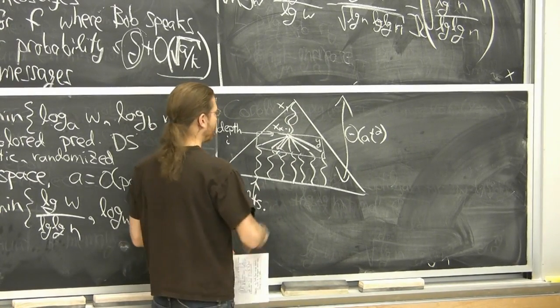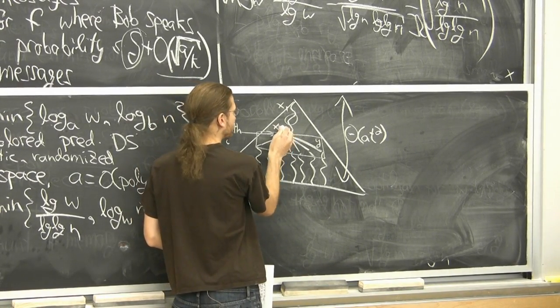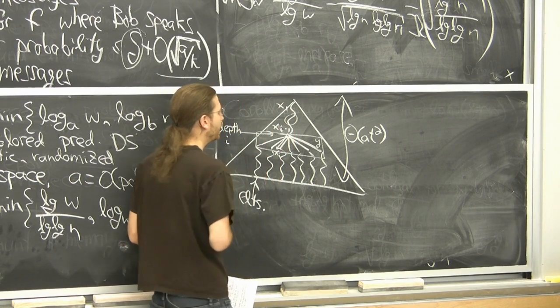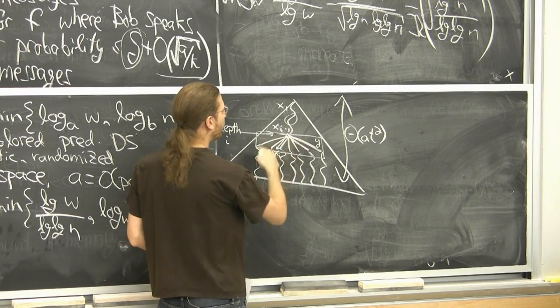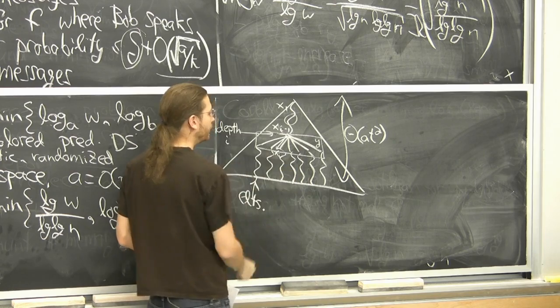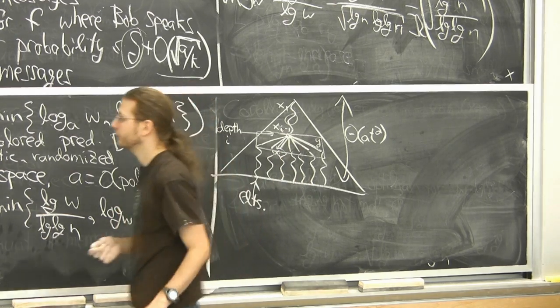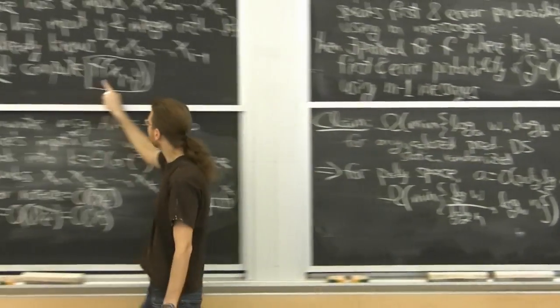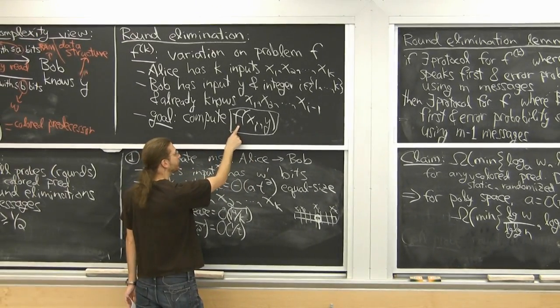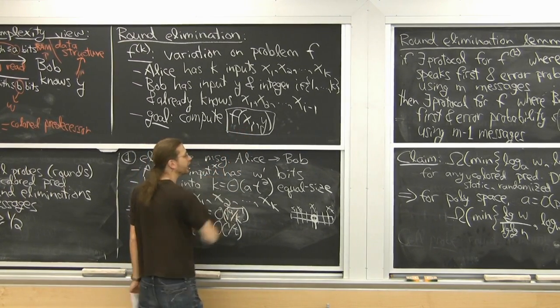So, sorry, not k minus 1, i minus 1. And so all the content is here in this node, which is y. And so it reduces to a regular predecessor problem, which is what f will always denote, color predecessor of x_i, comma y.